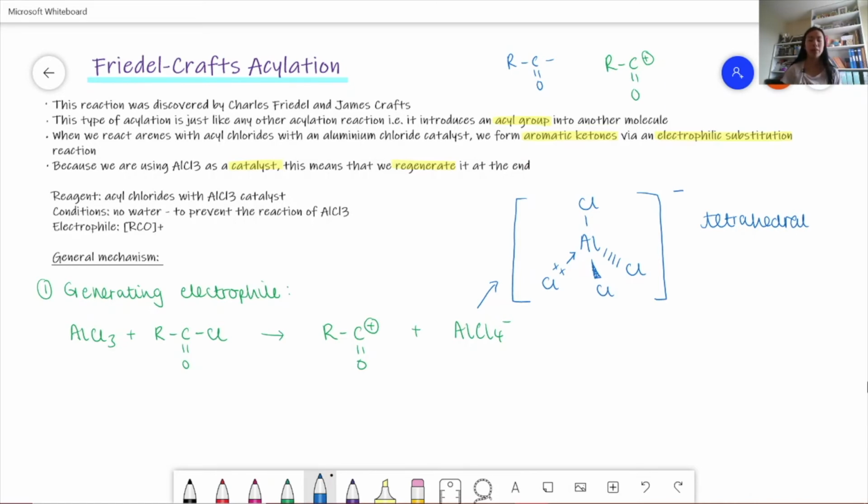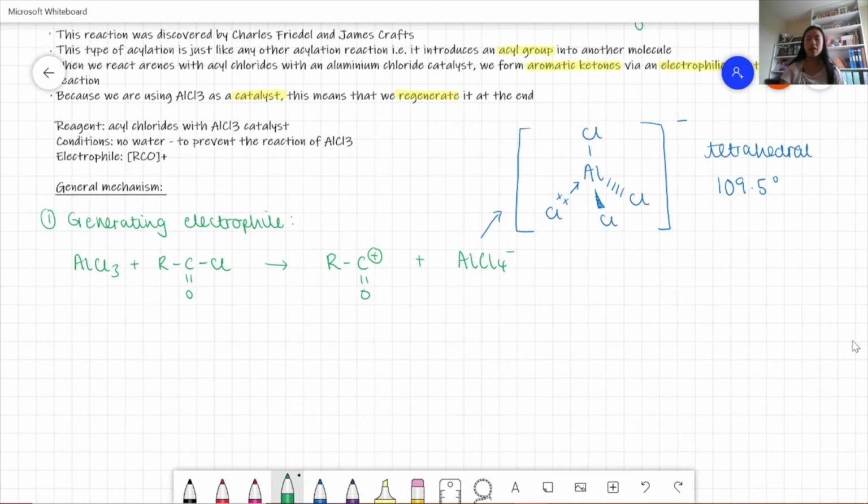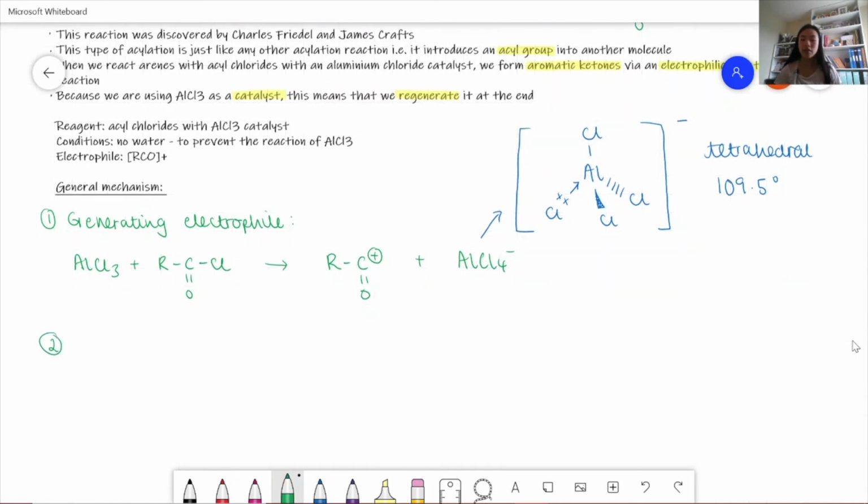So we have 4 bonding pairs which all repel each other by the same amount, and so the bond angle is 109.5 degrees. So after this first step, we then need to actually do the substitution. So the second step is electrophilic substitution.